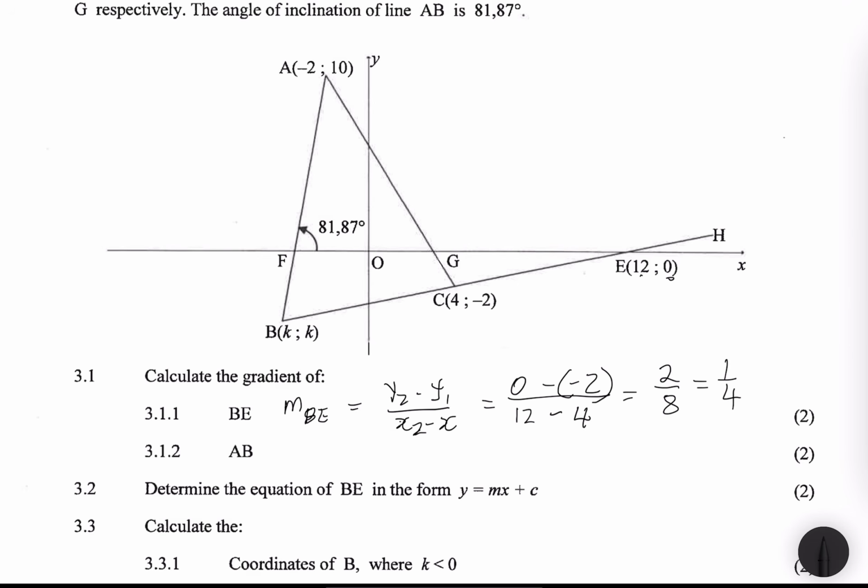Then they're looking for the gradient of AB. For line AB, we are given the angle of inclination, so we can use the fact that the gradient of AB is equal to the tangent of the angle of elevation, which in this case is 81.87.